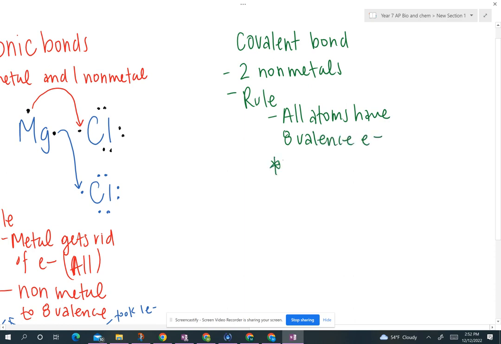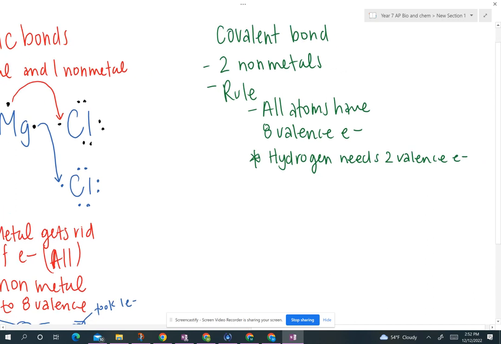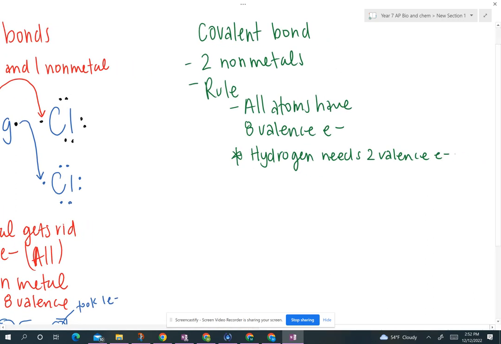The only exception to this rule is hydrogen. Hydrogen needs only 2 valence electrons to be satisfied, because hydrogen wants to be just like helium, with 2 valence electrons.